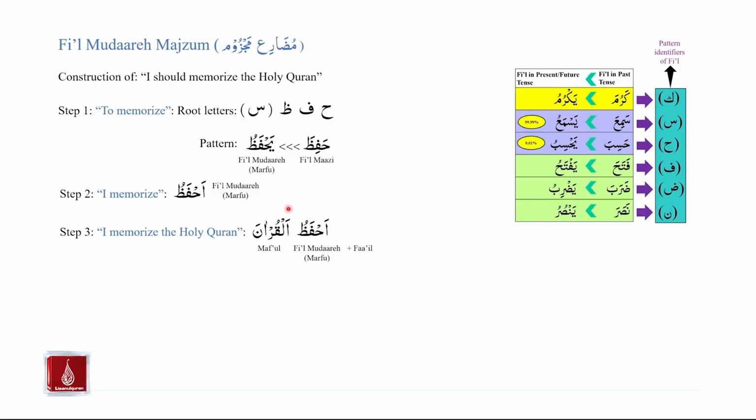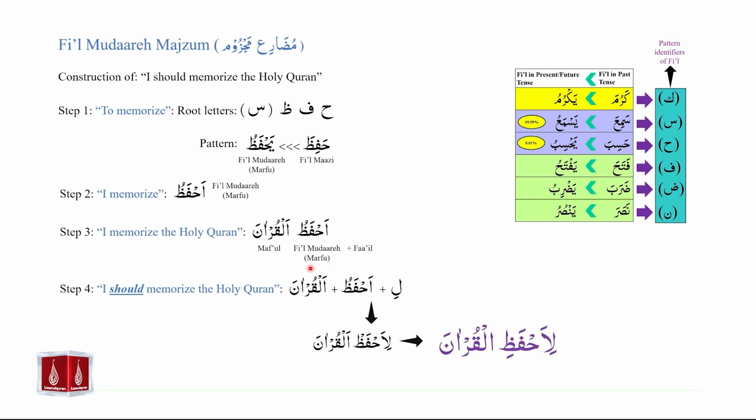Al-Qur'ana is mansub in status. Our next step will be to add the component of should. I should. And for that, we will need the services of laam of Amr. Laam of Amr plus ahfazu plus al-Qur'ana will become li ahfaz al-Qur'ana.